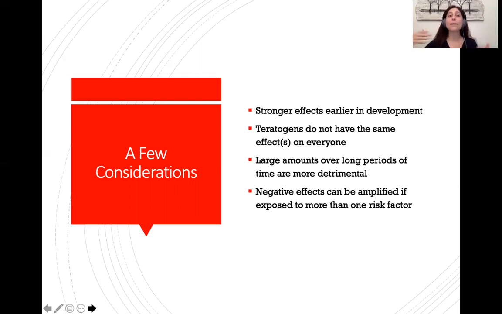Another thing, large amounts of stress or a large amount of a teratogen like alcohol over long periods of time are worse, which makes perfect sense, right? So with fetal alcohol syndrome, for example, more alcohol over a longer period of time is going to have more negative effects, right?